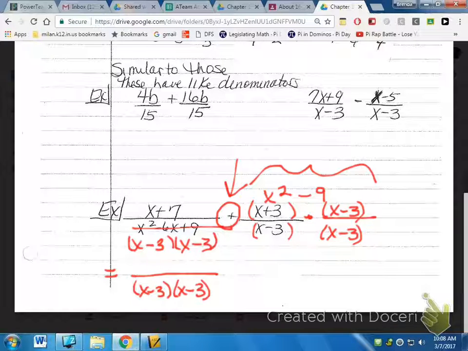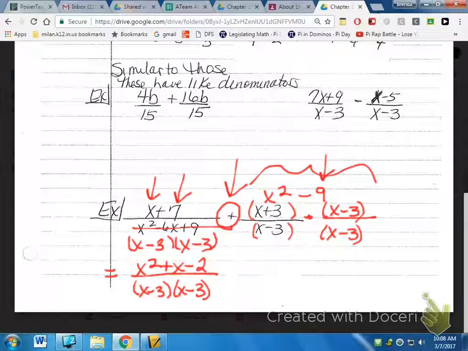So the highest exponent on x would be squared. So I would start out with x squared. What about my x terms? What would that just be? Plus x. And then what about my constant term? I have a positive 7 and a negative 9. Negative 2.